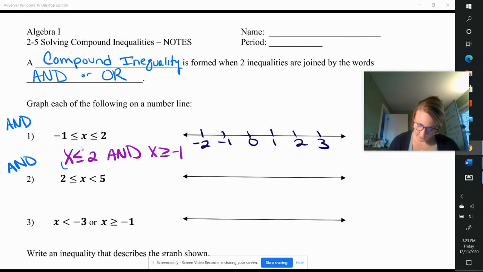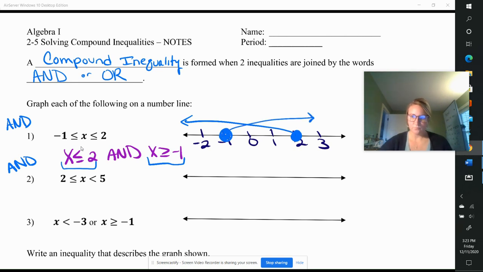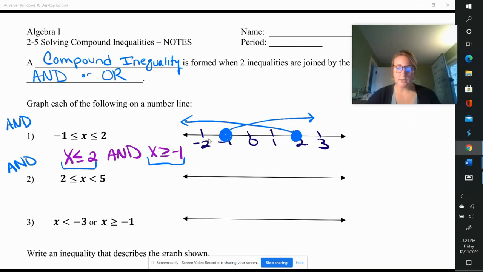So first, let's graph x is less than or equal to 2. Filled in, shaded to the left. X also needs to be greater than or equal to -1. Filled in, shaded to the right. So the solution is where the two shadings overlap.